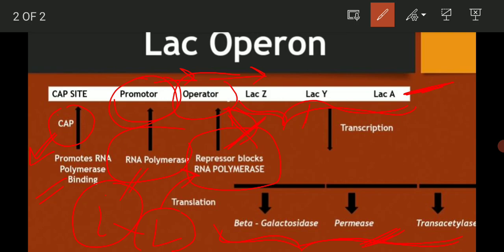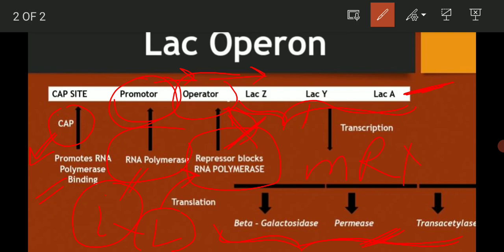The second condition is when glucose and lactose both are present. Lactose binds to the repressor and therefore the repressor cannot bind to the operator, and a small amount of mRNA is produced in this case.